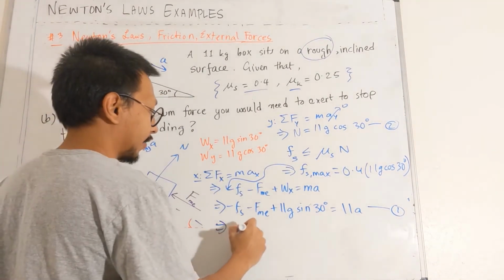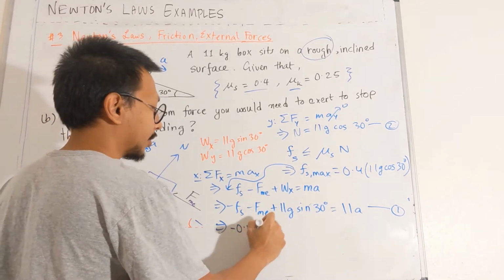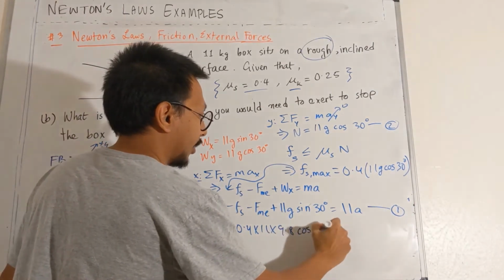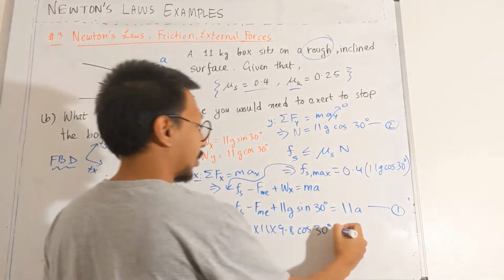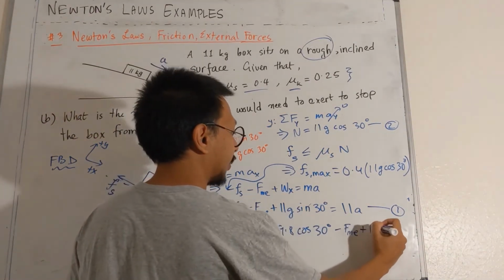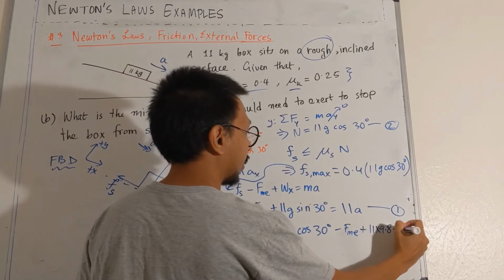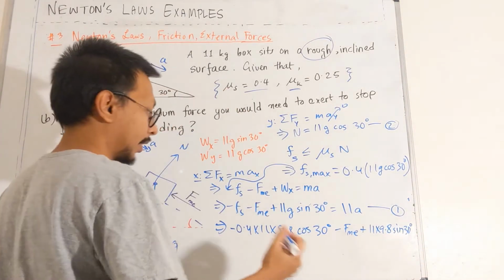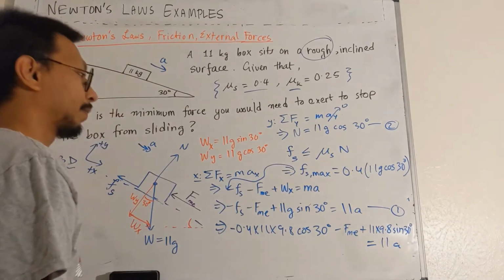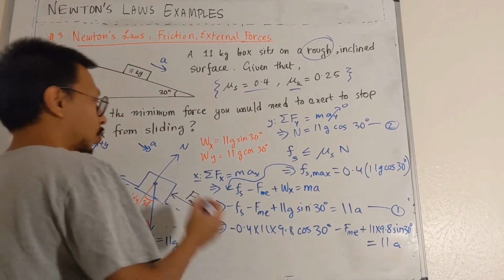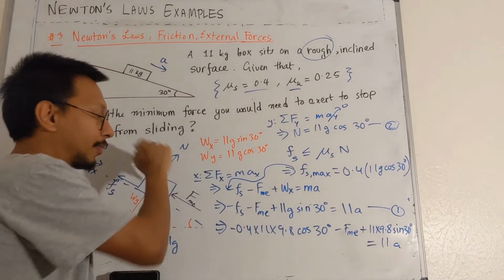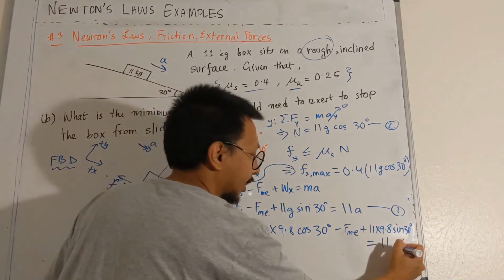Fs max is negative 0.4 times 11 times 9.8 cosine 30 minus F me plus 11 times 9.8 times sine 30 equal to 11 times A. Now we have actually managed to stop this from sliding, hence acceleration is 0.